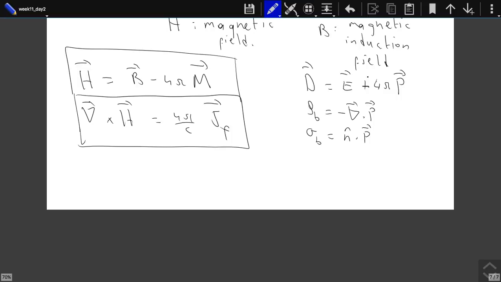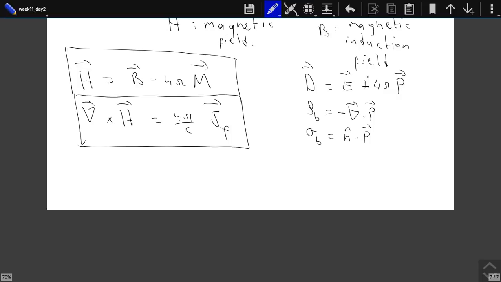This B field will change the currents in your material, creating a new kind of effective current inside your material due to the magnetic dipole moments of your system. And this new current will also contribute to the B field. So the total B field will receive contributions from both the current that you create and the current that is created inside your material.